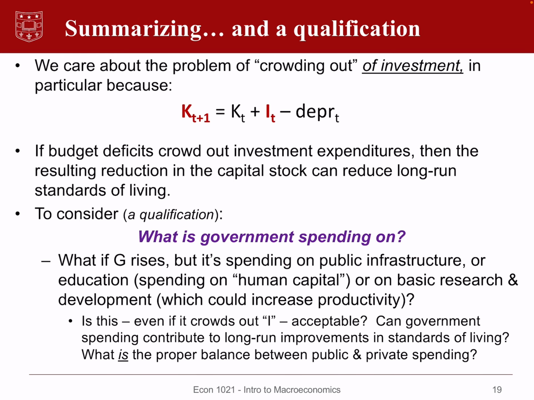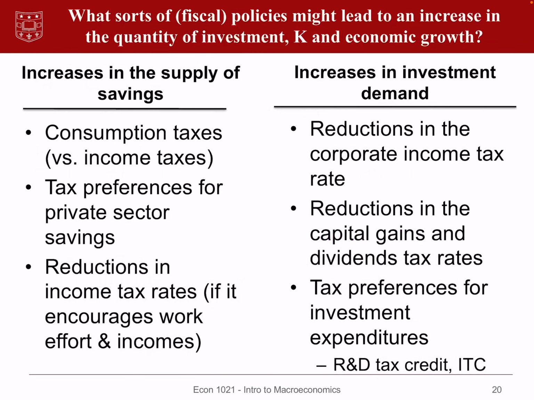So we can say then, what are some things that governments could do that would increase the supply of savings or increase investment demand on the premise that these are both things that would increase the equilibrium level of investment in the macroeconomy? So, what might we do? Well, we might think about imposing consumption taxes as opposed to income taxes.